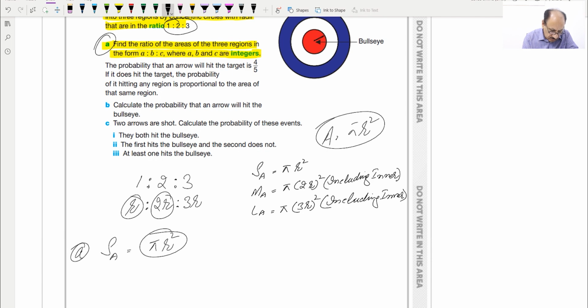Now the area of the medium circle we can write as pi into 2r square, and we need only the white portion, so we have to exclude the red portion, which is minus pi r square. So we are excluding the red portion, which is the bullseye.